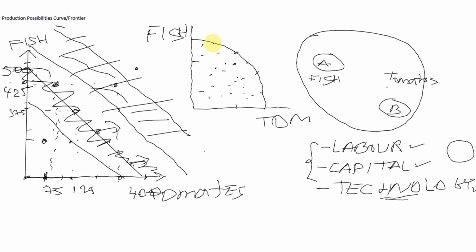Basically, any point here is the optimum combination of fish and tomatoes that, given our resources, we can produce. And this curve can also bulge out like this if we have more labor, more capital, or better technology. Also, this curve goes down as well.